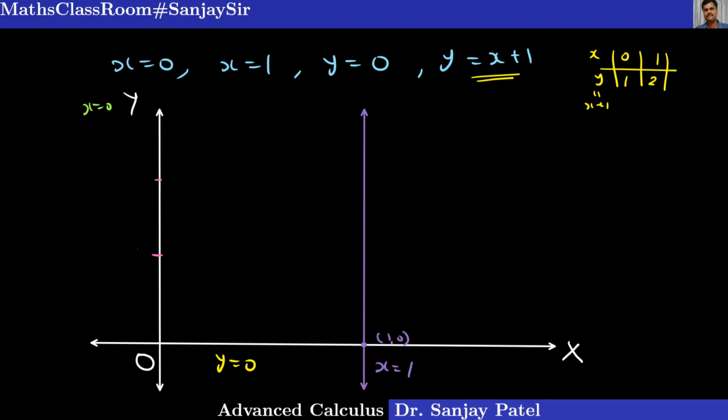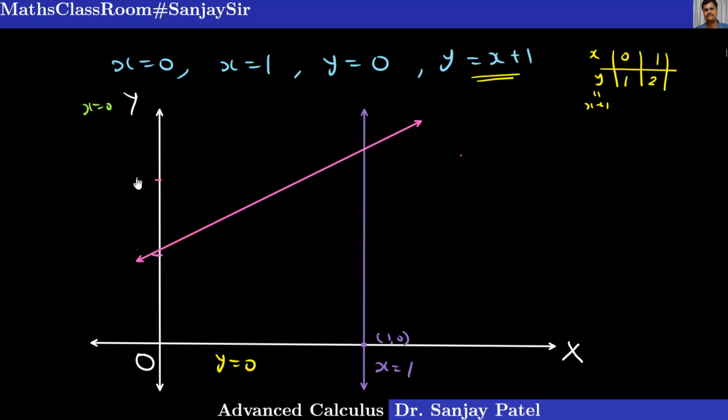a line which is passing through 0 comma 1, yes, like this. It is intersecting. This is 2, so it must be somewhere here.